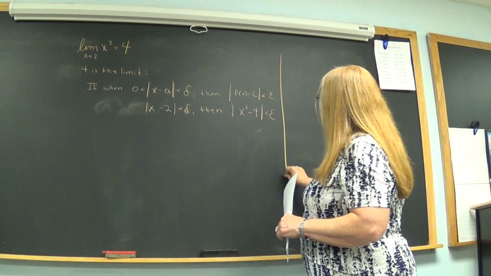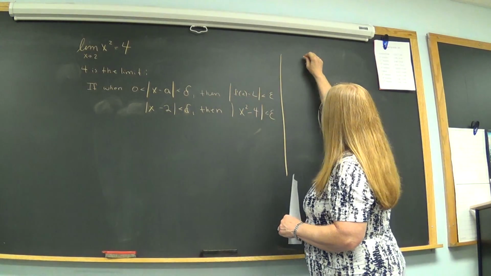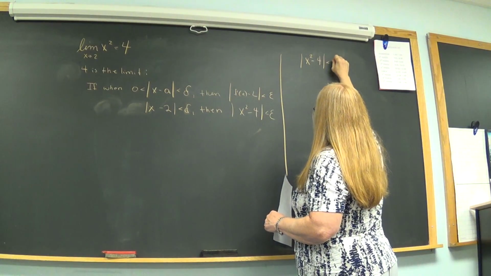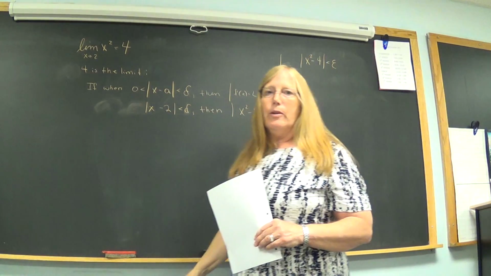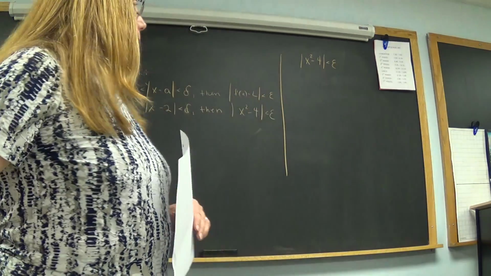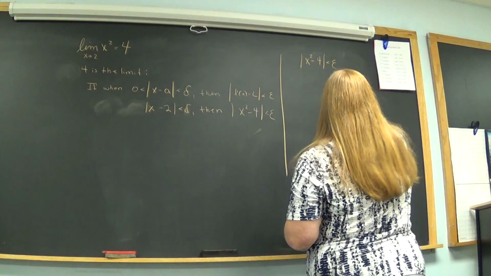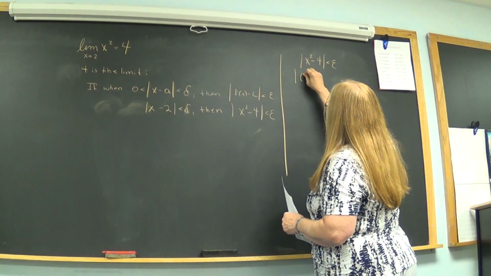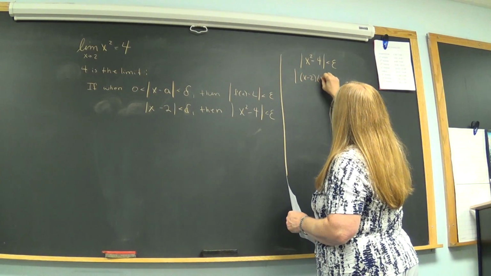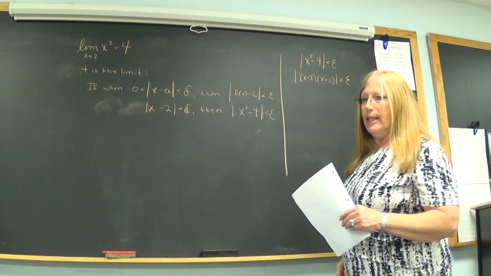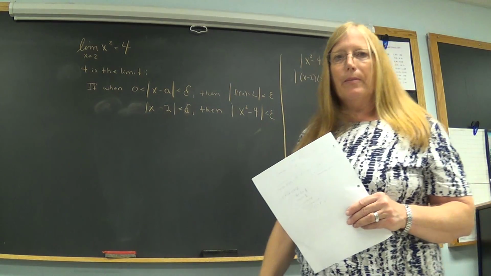So we always work on this side and do our scratch work, and then we'll come in a forward motion and do the proof. So let's work backwards and notice that x squared minus 4 is factorable to x minus 2 times x plus 2. Which is nice. It's easier to work with linear terms.